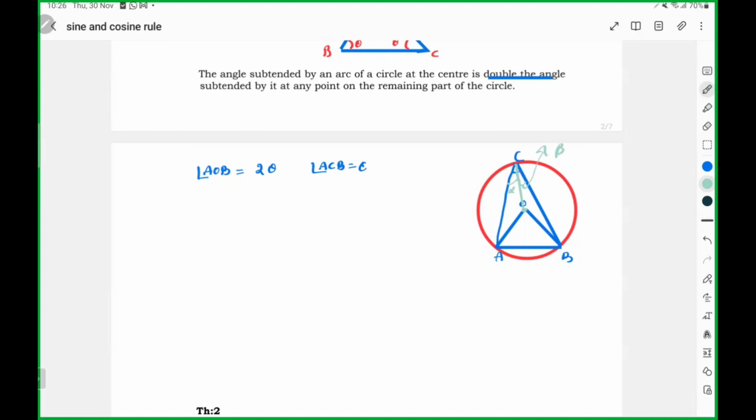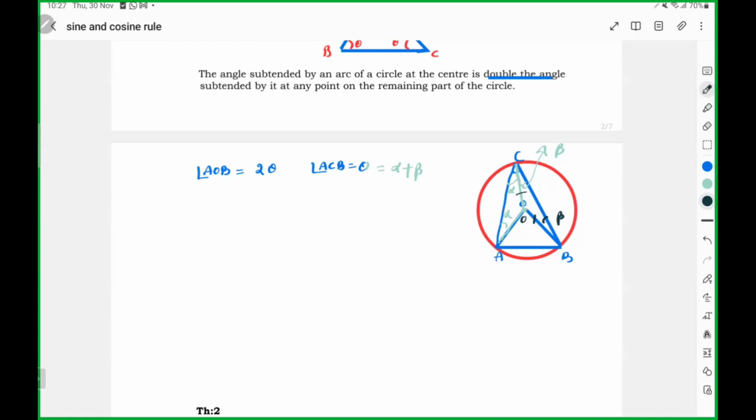Then this is a radius, this is a radius, two sides are equal, so opposite angles are equal. In fact, angle ACB is theta, which is alpha plus beta. And similarly, if this is beta, this also is beta, because these two are radii.